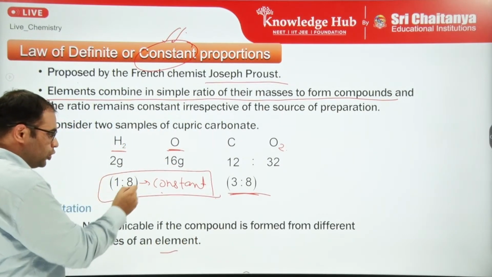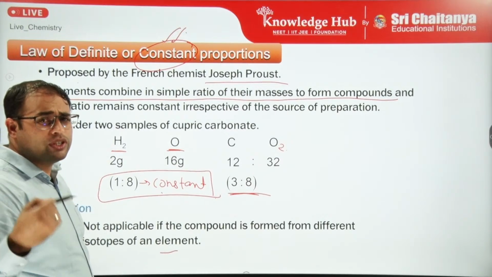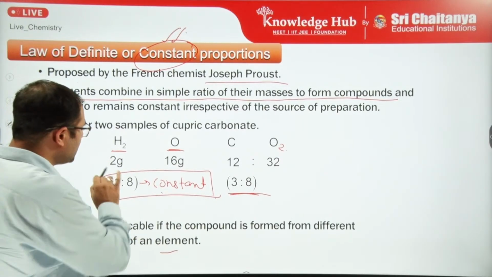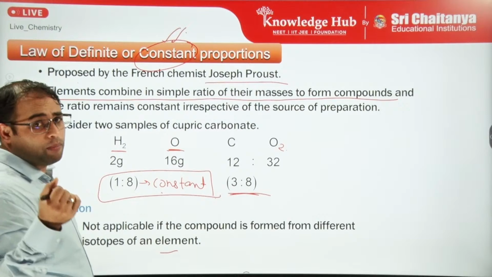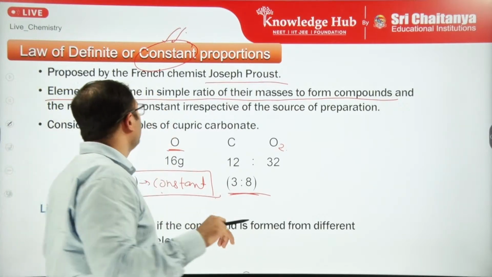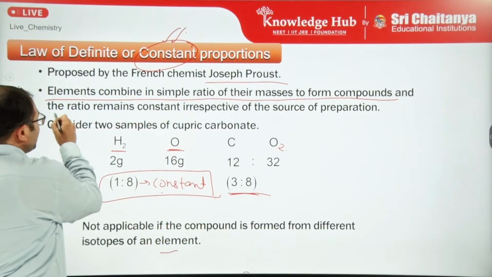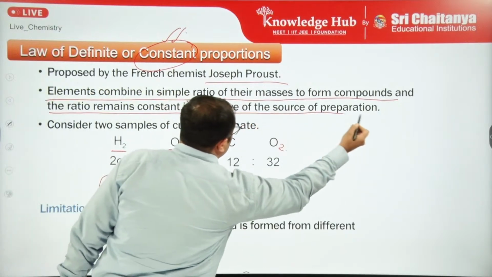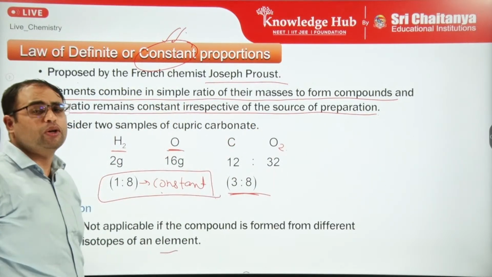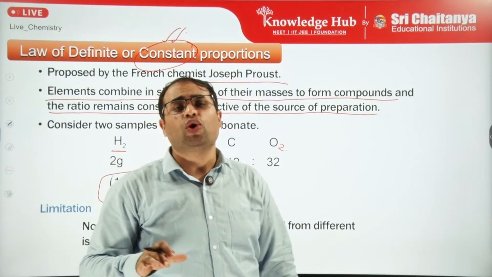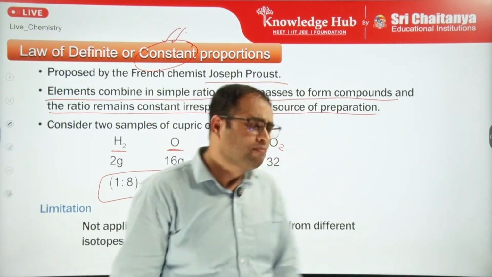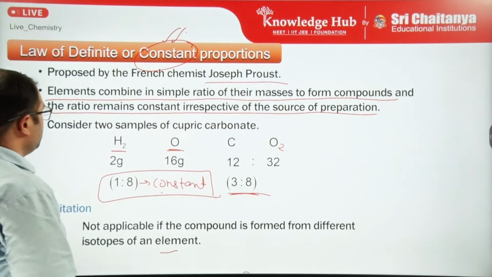You can see this simple ratio, right? Simple means which cannot be simplified further, and it is a simple whole number ratio. Remember, in most cases you will get a whole number ratio, right? The ratio remains constant irrespective of the source of preparation. So irrespective of the source, this ratio will remain the same. That is your law of definite proportion.